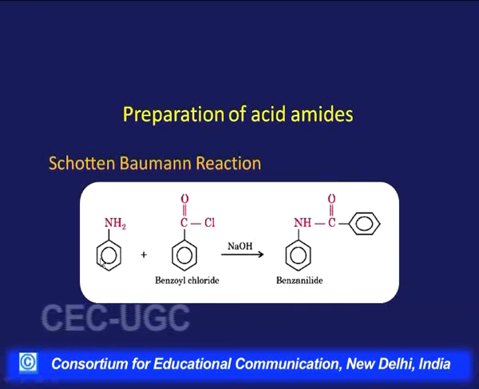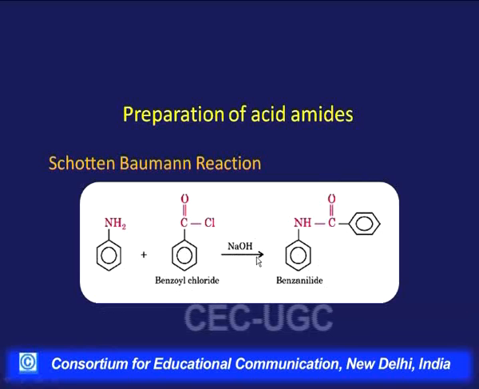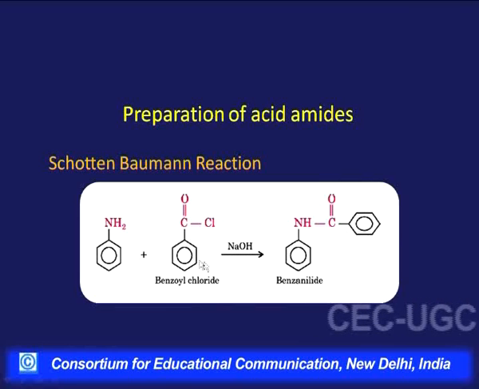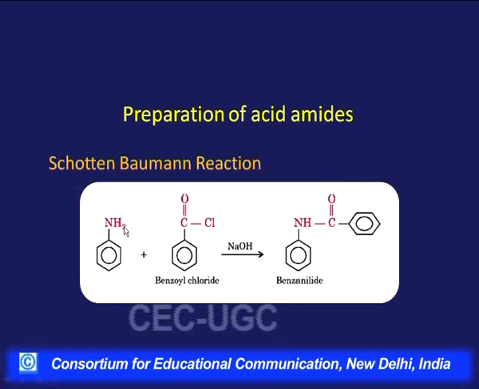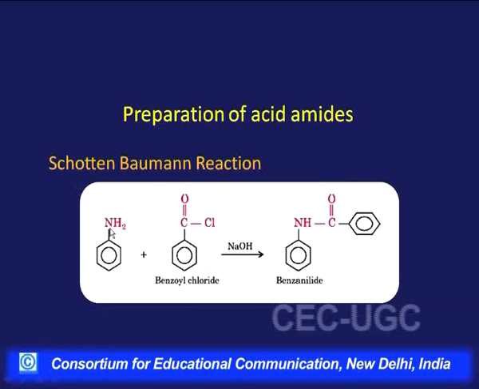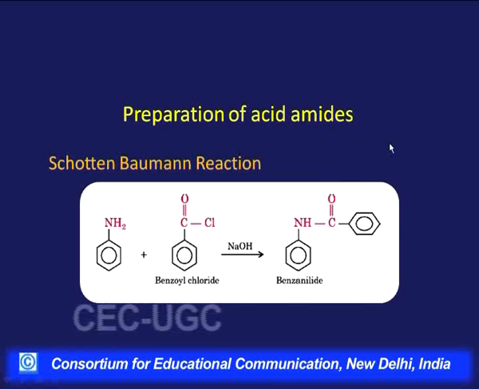So, when both the units are aromatic, the reaction can be carried out in the presence of NaOH. This reaction is very fast and named as the Schotten-Baumann reaction. As I said before, because that will come actually in esters, if in place of this aniline we have phenol, a similar reaction will occur, only the difference will be that here we will get the corresponding aromatic ester.